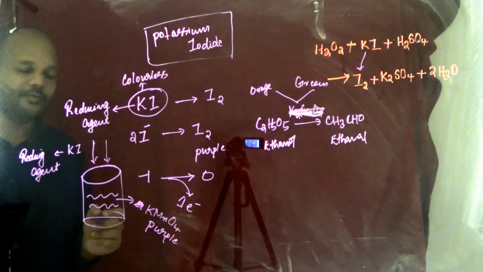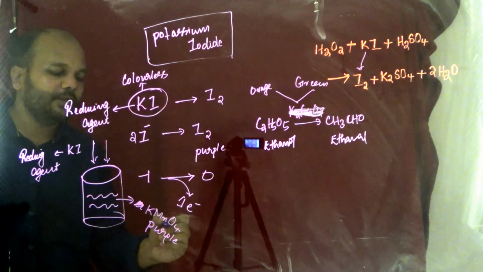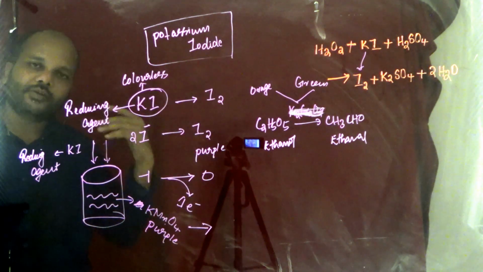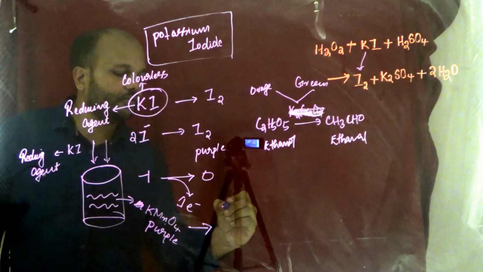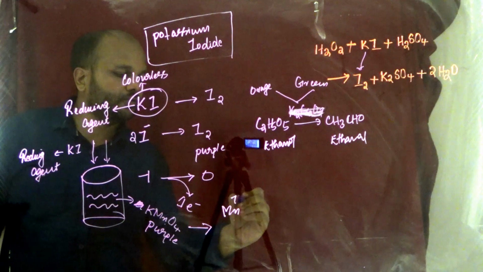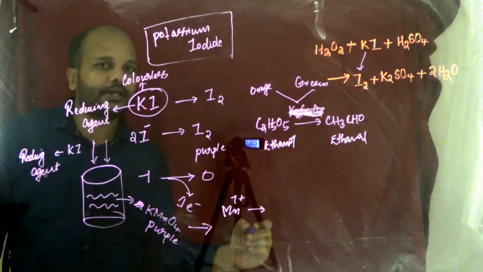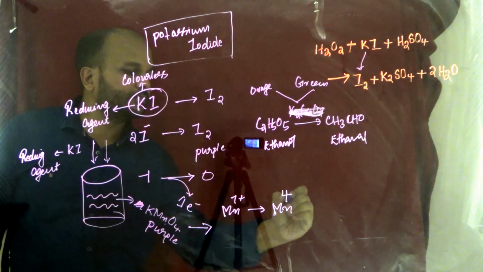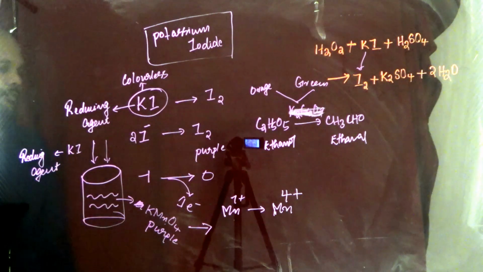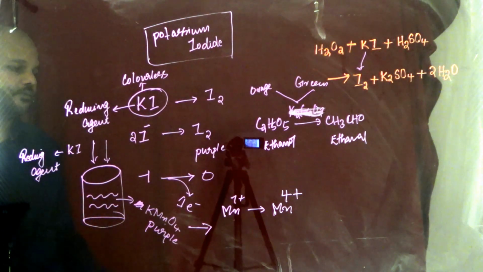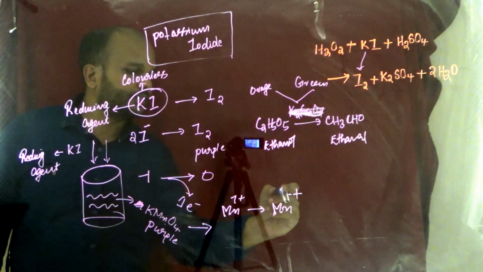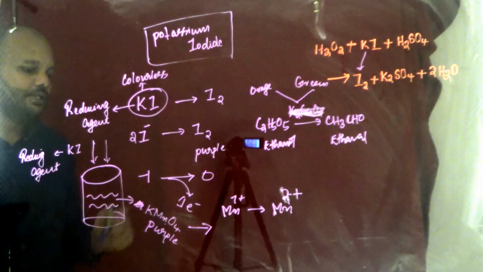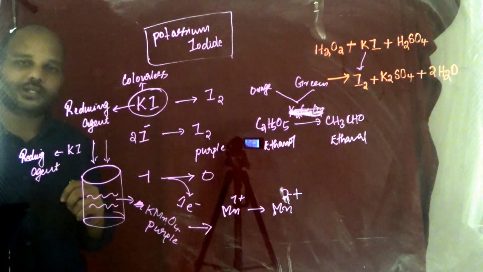After some time, what shall happen? The purple KMnO4 will get reduced from Mn7+ to Mn2+, associated with a 5 electron change. Mn2+ is colorless.